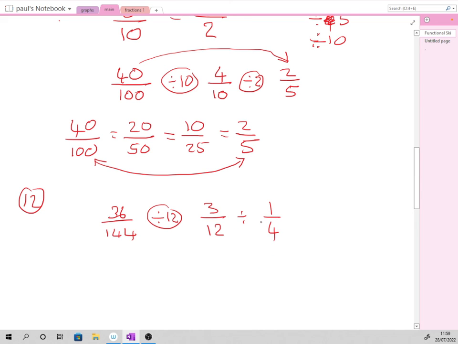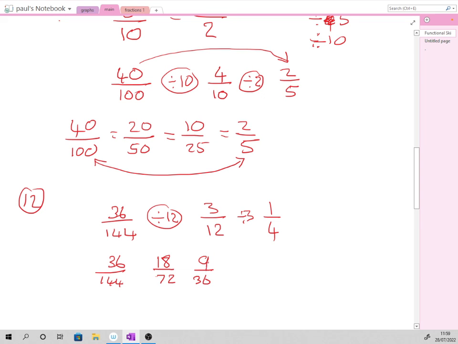But I might not have spotted that straight away. So I could have gone 36/144. They're even numbers, so I can divide by 2. So I'll go 18/72. Don't know what goes in there, so I divide by 2 again, which gives me 9/36.